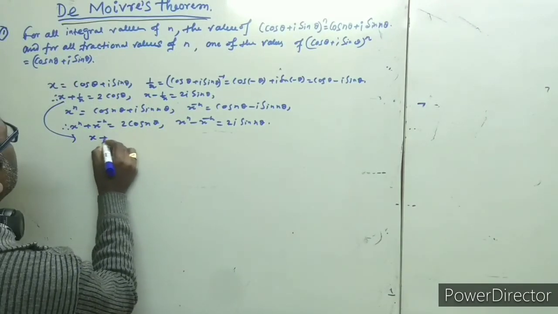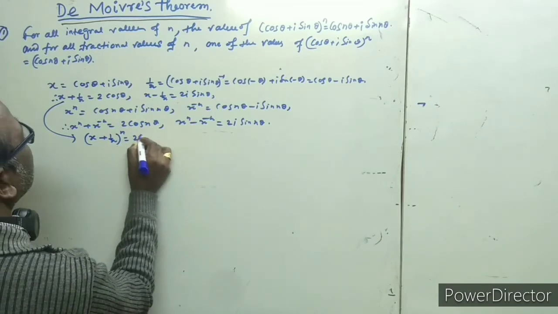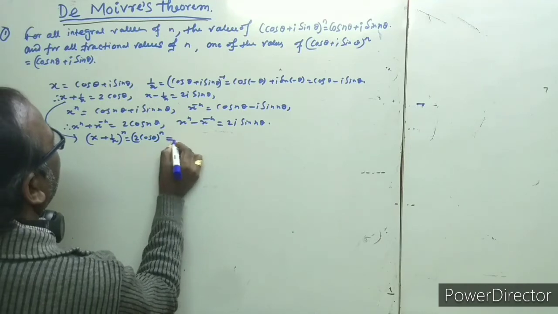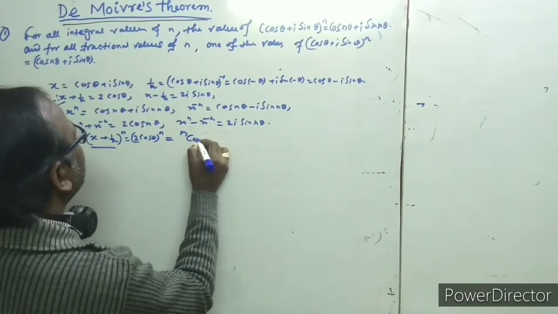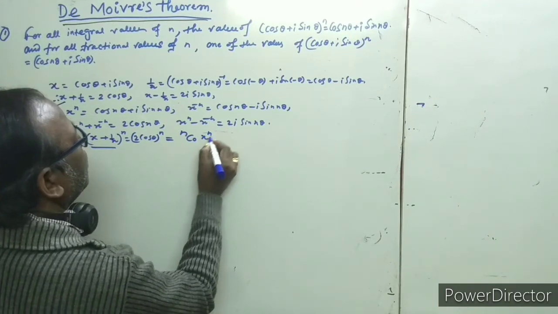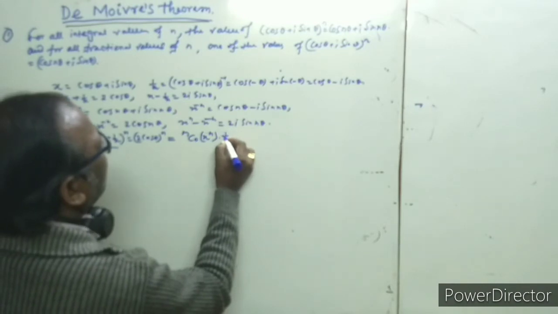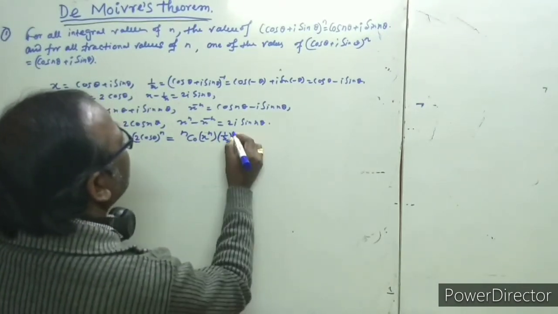Okay, (x + 1/x)^n, and this (2 cos theta)^n here. This is already expanded by the binomial theorem, that is nC0 x^(n-0) (1/x)^0.